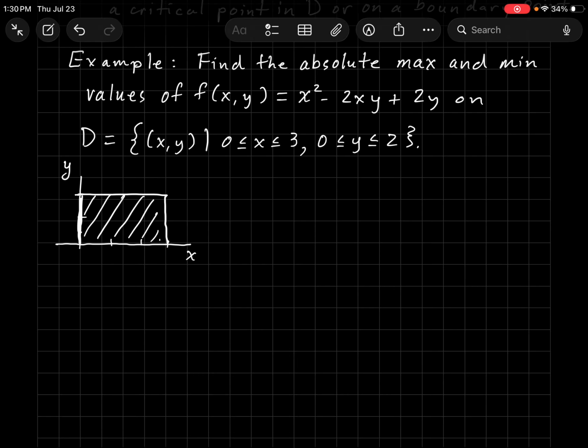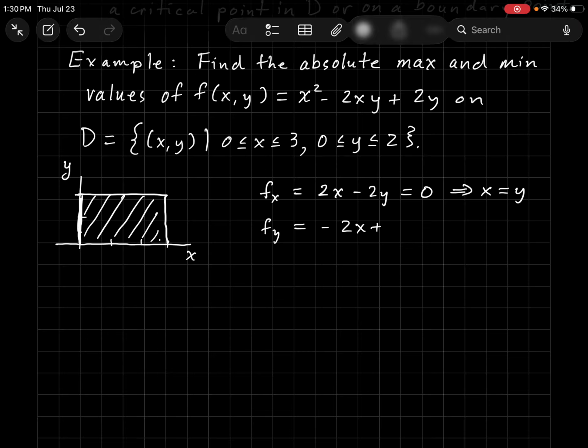All right, let's start by finding critical points. So f sub x is 2x minus 2y, and that has to equal 0, which means x must equal y. F sub y gives us negative 2x plus 2 equals 0, which gives us x equals 1.